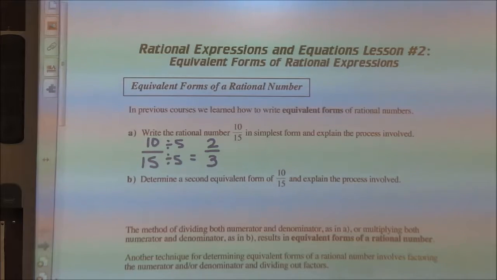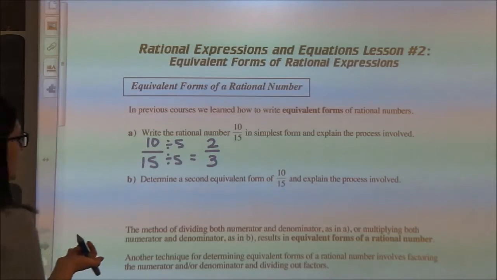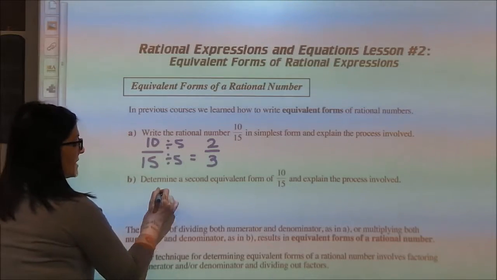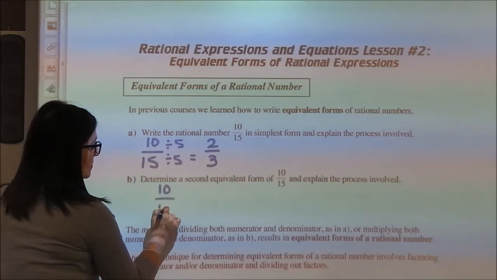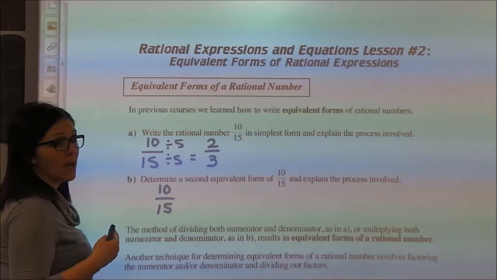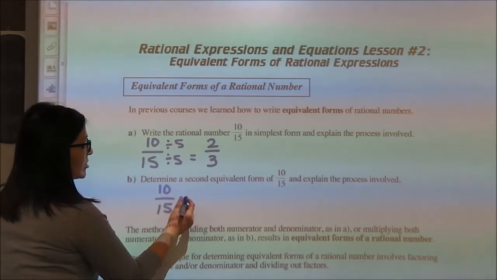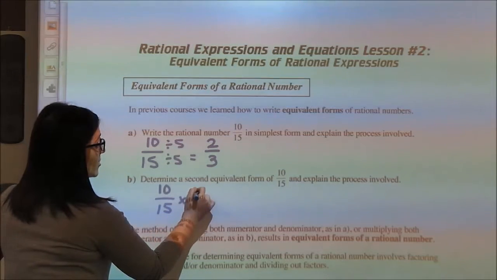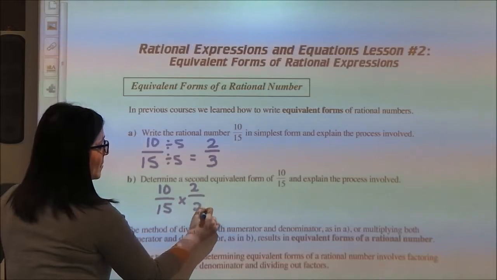B says determine a second equivalent form of 10/15 and explain the process involved. So an equivalent form of 10/15 I could obtain by taking the top and the bottom and multiplying them by any number that I should choose. So I could choose to multiply both the top and the bottom by 2.